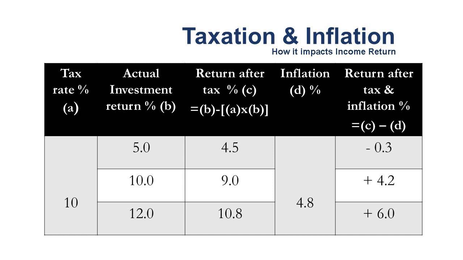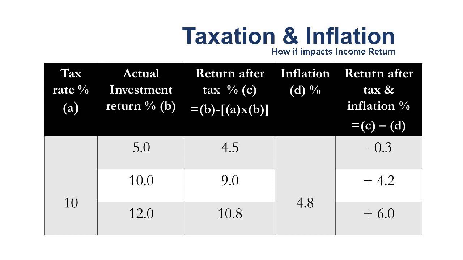And then you got another friend called inflation coming. The things you buy 5 years ago, now there is a change in the price. The price increased higher, right? Assuming your income tax is 10% on this, you got left 4.5, and then you got inflation of 4.8. 4.5 minus 4.8, you get a loss of 0.3.